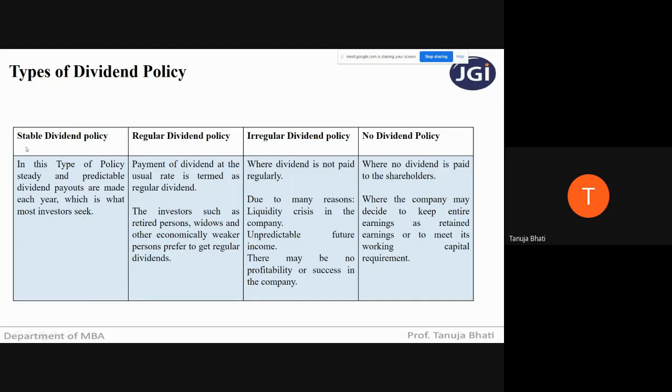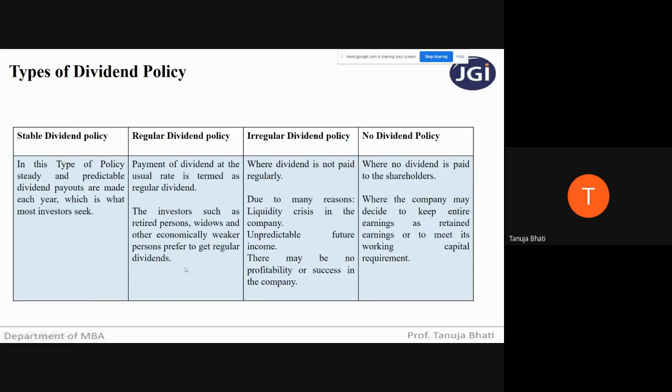So if the company is opting for stable dividend policy, the company is going to make dividend payments which are constant and stable every year. Now what is regular dividend policy? Payment of dividend at a usual rate is termed as regular dividend. Investors such as retired persons, widows, and other economically weaker persons prefer to get regular dividends.